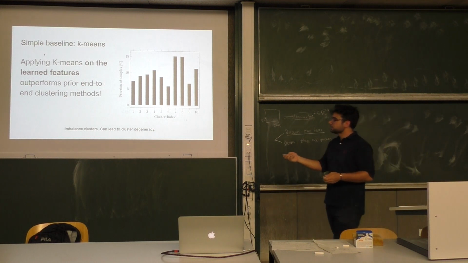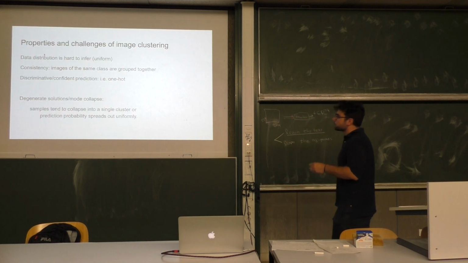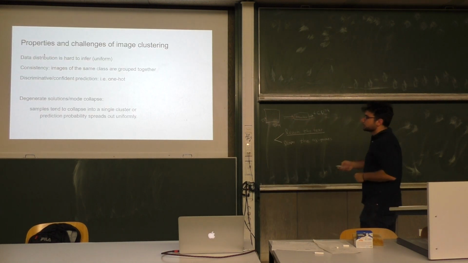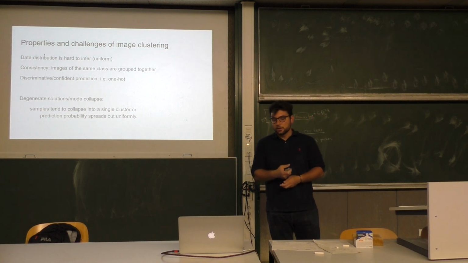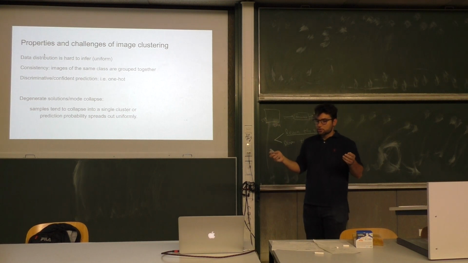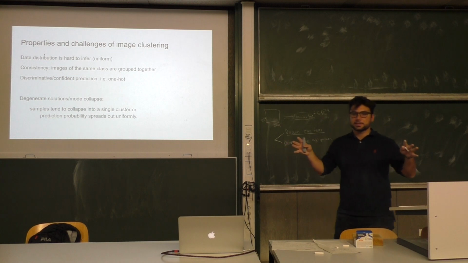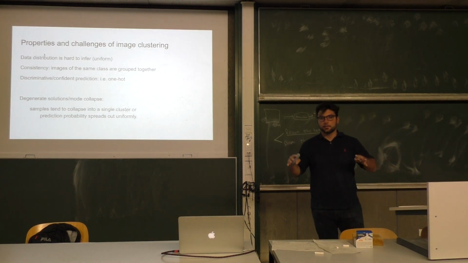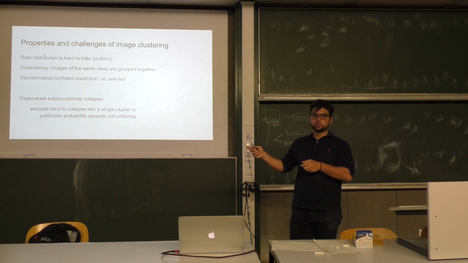The imbalanced clusters are not a problem by themselves, but the problem is that during image clustering we have no idea about the data distribution, so we kind of relax the problem and decide that all the K classes are uniformly distributed.